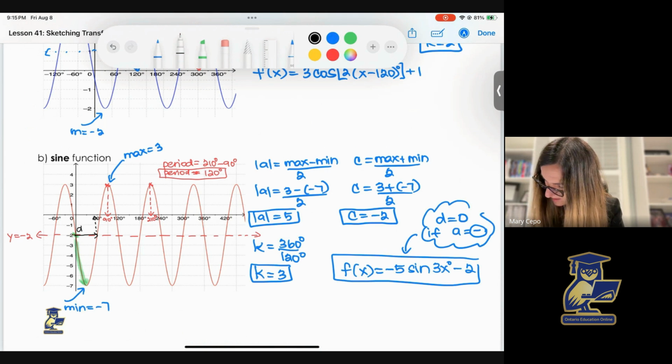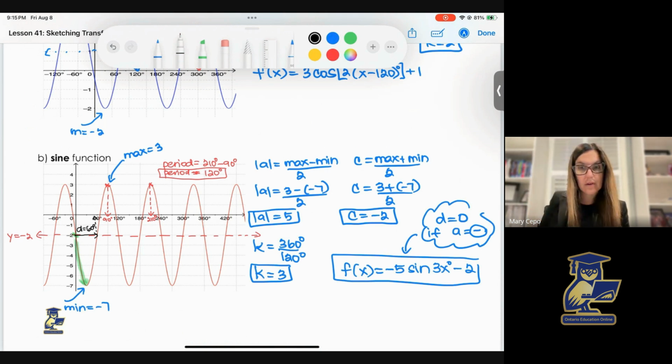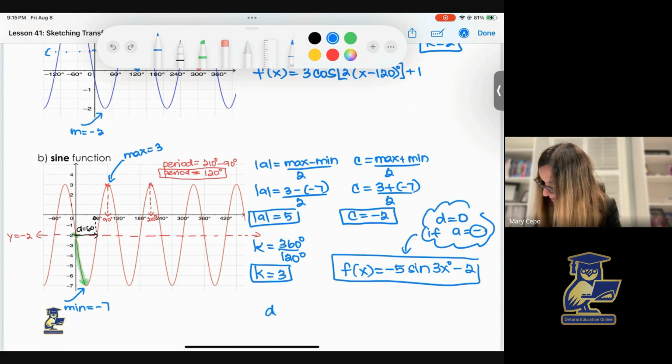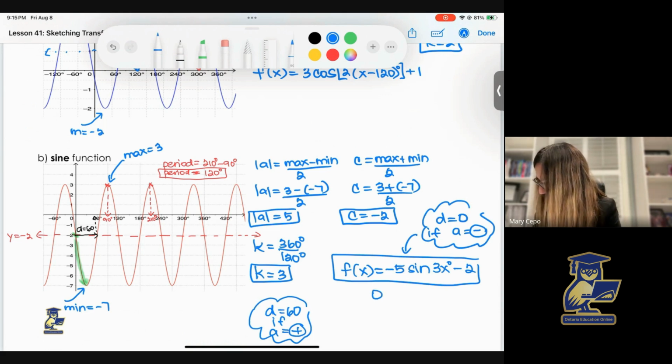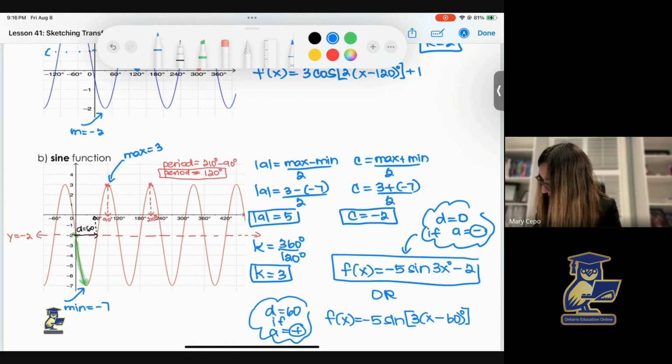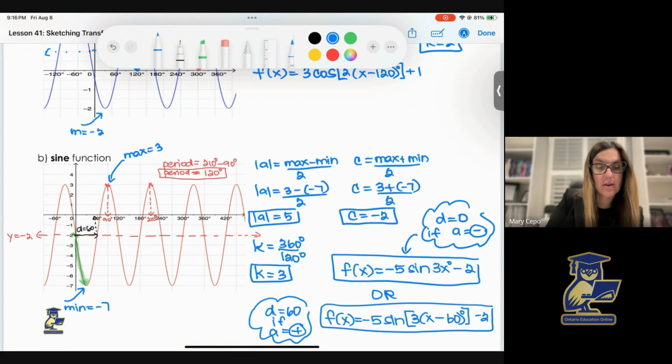So in this case, d is equal to 60, if a is positive. So in that case, we can say f of x is equal to negative 5 sine (3x minus 60 degrees) minus 2. Either or, both of these equations represent the graph given.